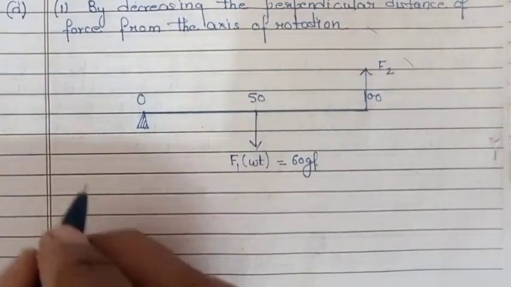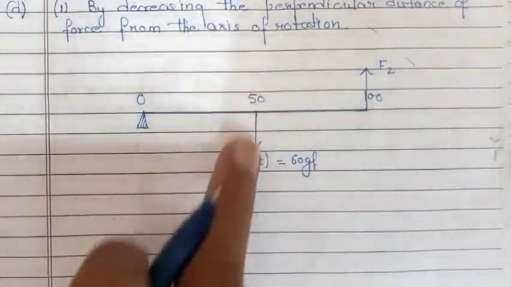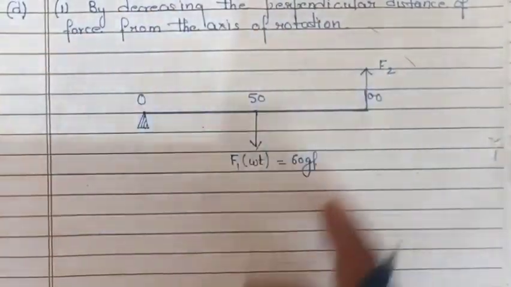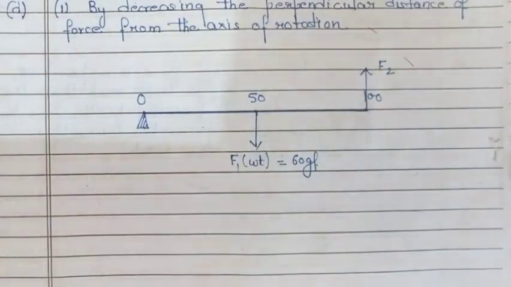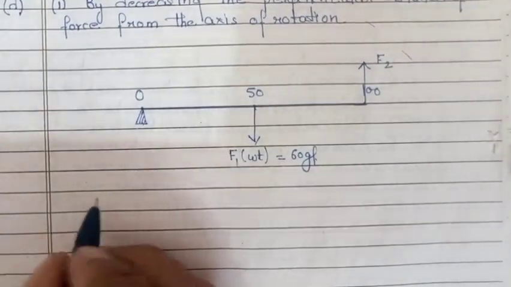So by the principle of moments, here we are going to apply the moment, because this force is producing clockwise moment and this force is producing anti-clockwise moment, and in equilibrium the sum of the clockwise moments will be equal to the sum of the anti-clockwise moments.